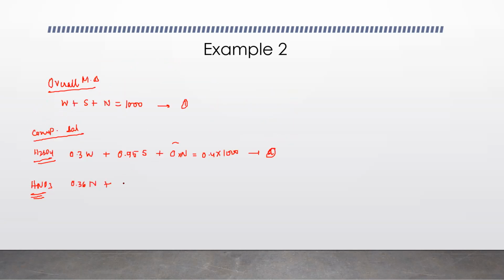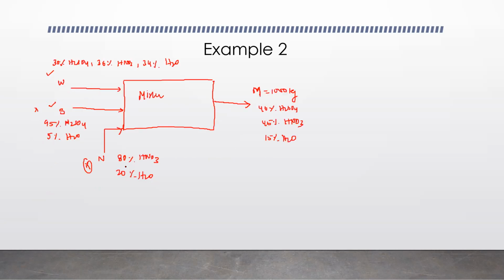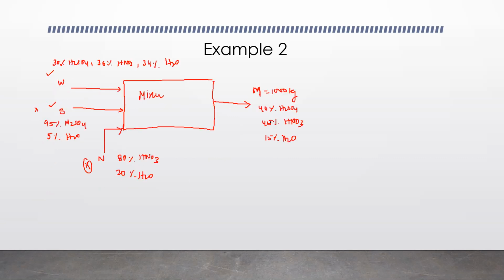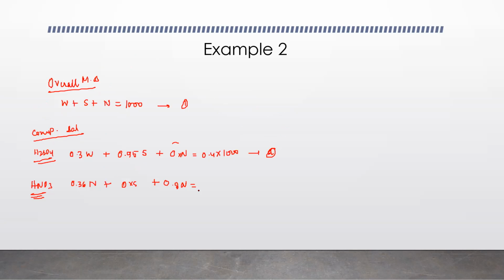So it's 0 S, plus nitric acid is, in this particular stream, there's 80% nitric acid, so 0.8 N. And in the acid that is produced, we have 45% nitric acid, so 0.45 into 1000. Equation number 3. All right. Now there are these 3 equations.